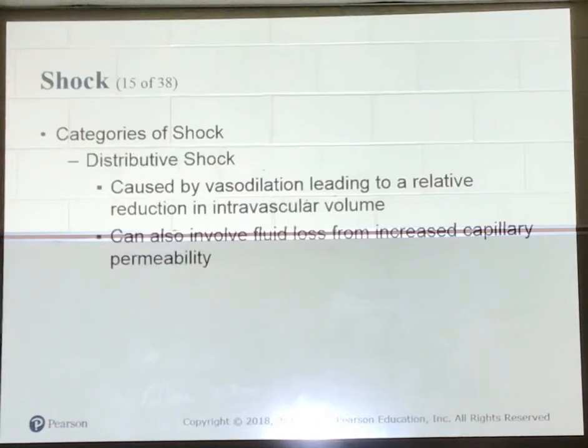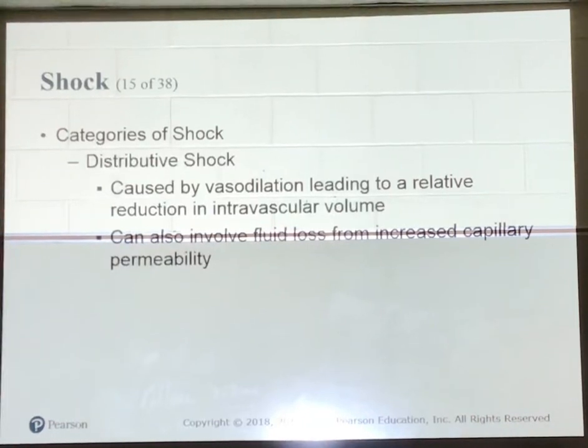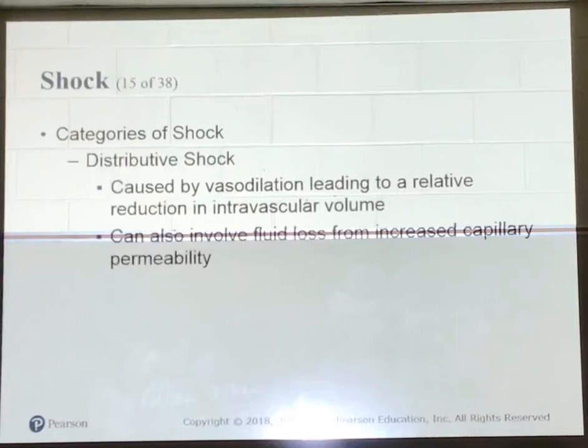That is a volume that has become inadequate to fill the increased size and capacity of the vessels. Fluid leakage from the capillaries and vasodilation cause a reduction in the preload, which reduces the stroke volume, cardiac output, and systolic blood pressure. The result is a decrease in tissue perfusion. If you don't have enough going in, you're not going to get enough coming out. Does that make sense?